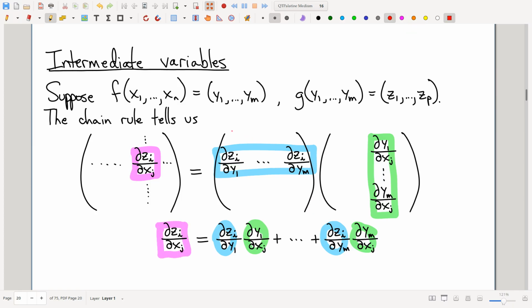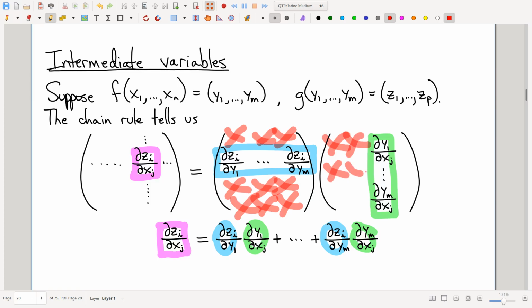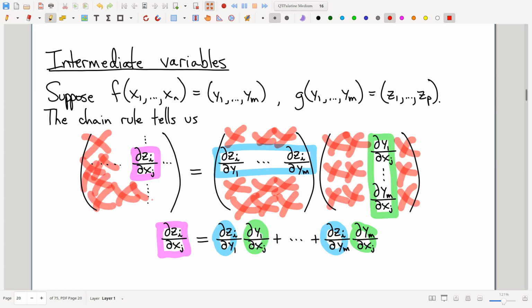I don't need to know any of those elements or these elements or any of the others. I don't need any of that. I don't need to be multiplying out and finding all this other stuff that I just don't care about. Is that cool?